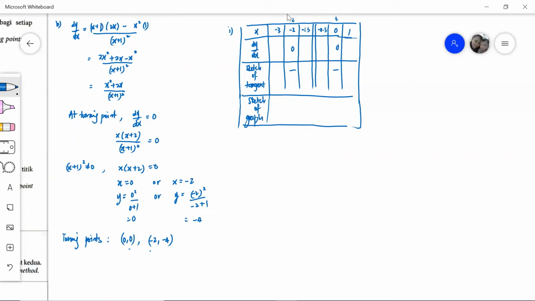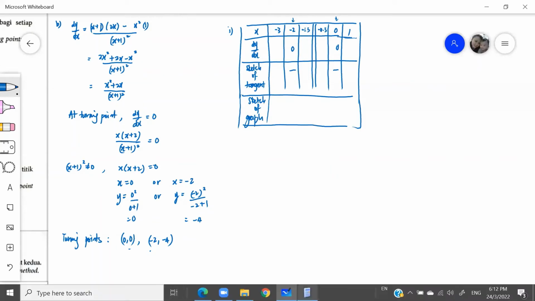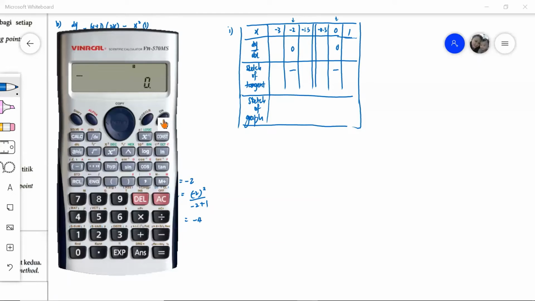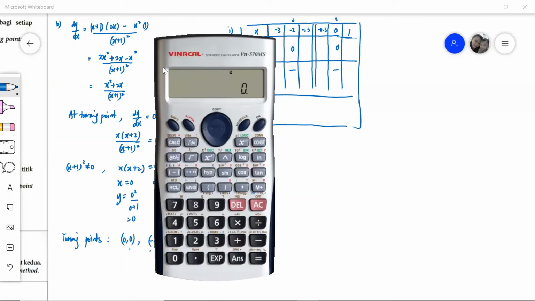With this, we need the calculator to help us. We can just key in the function of dy/dx because we have to keep using it to calculate the value when x is -3, -1.5, -0.5, and 1.